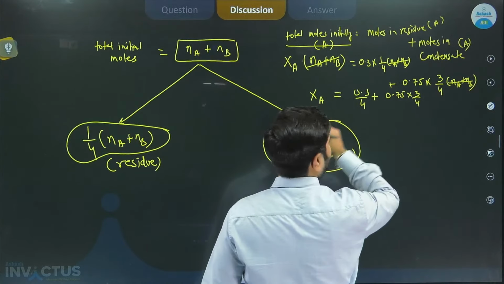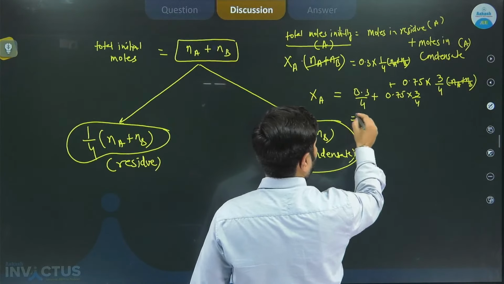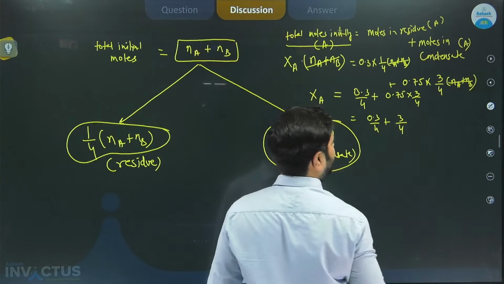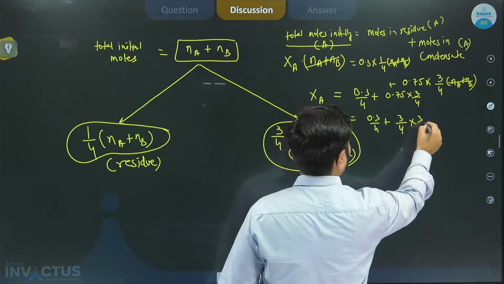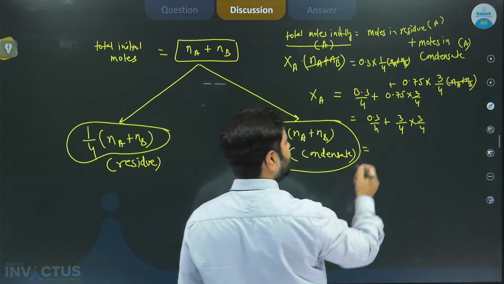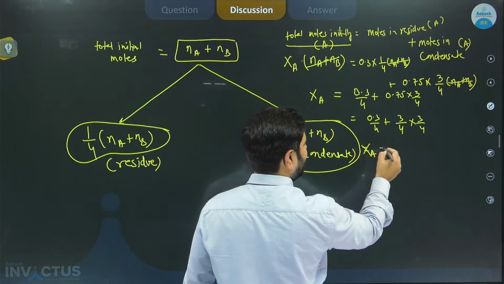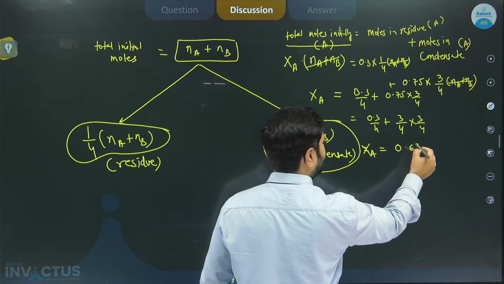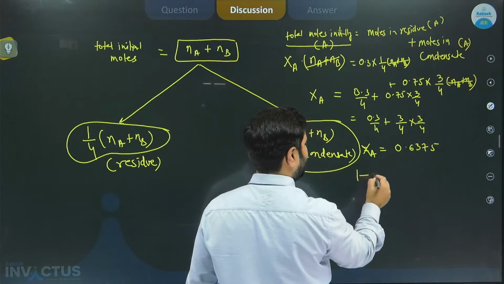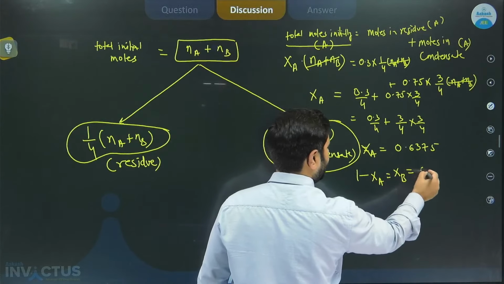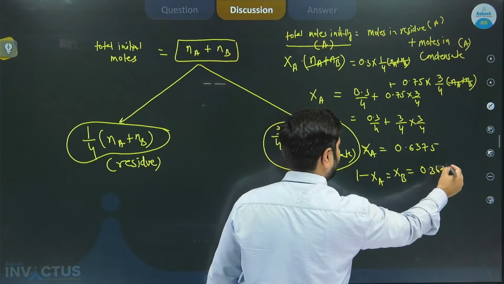That is 0.3/4 plus 3/4 into 3/4. Okay. When you calculate this, you will get Xa as 0.6375 and 1 minus Xa, that is Xb, equal to 0.3625.